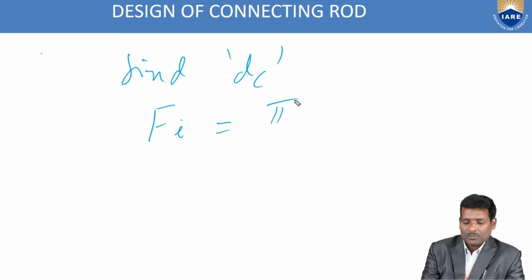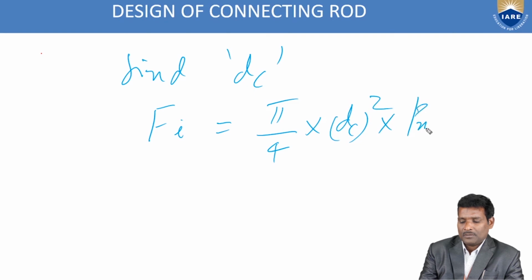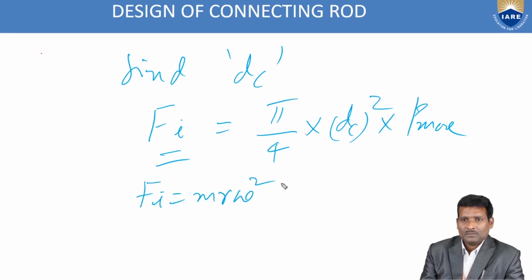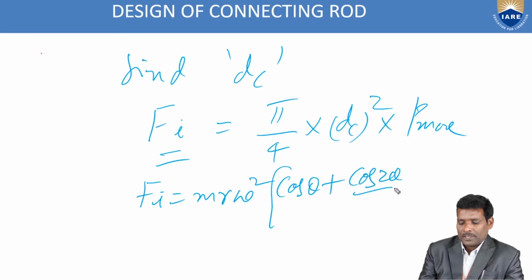This is the inertia force: pi/4 into Dc squared multiplied by the maximum pressure. How to calculate this inertia force? The formula is available in a data book, and I am giving it here too: m r omega squared multiplied by cos theta plus cos 2 theta by n.